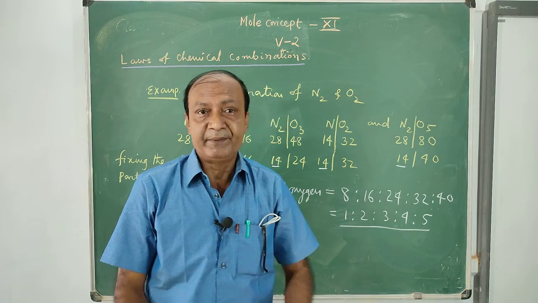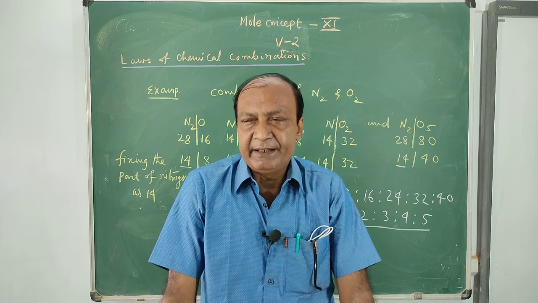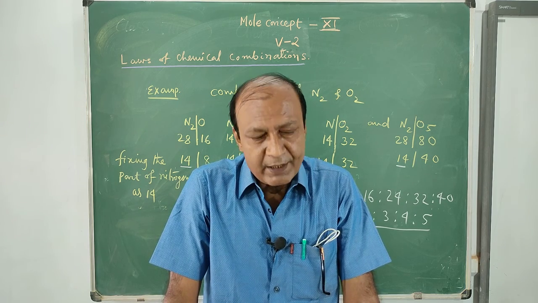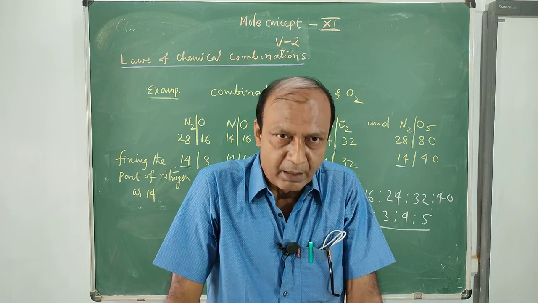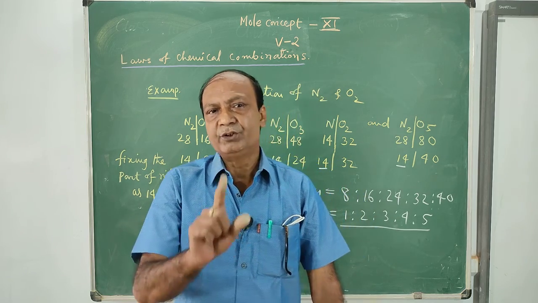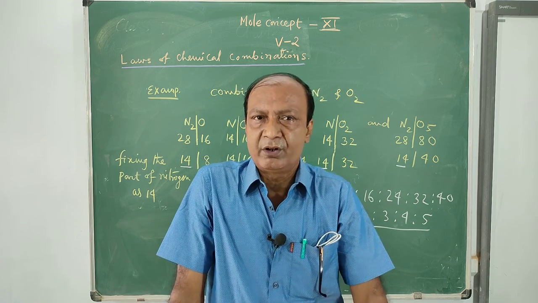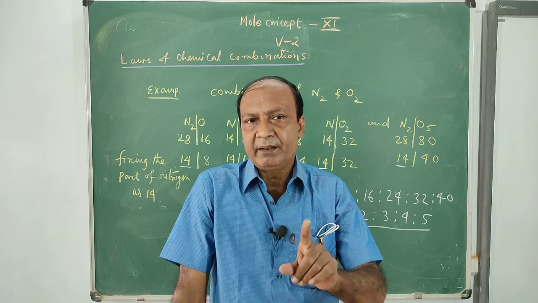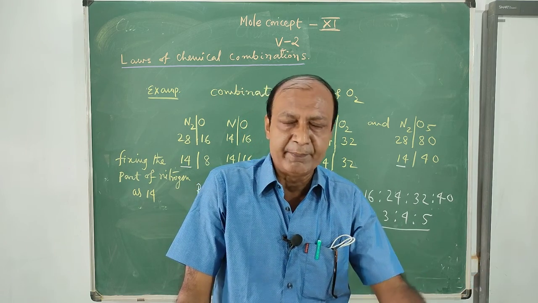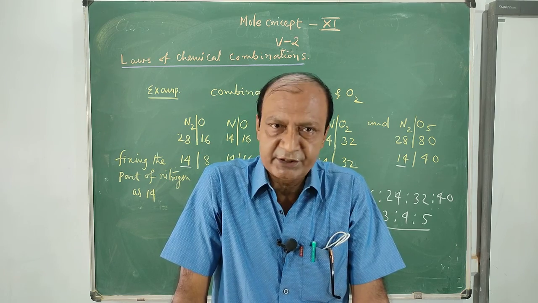So see, what I am telling is the statement, try to listen. When two elements combine to give more than one compound, the ratio of the different parts or different masses of one element that combines with a fixed part of another element will always bear a simple integral ratio.